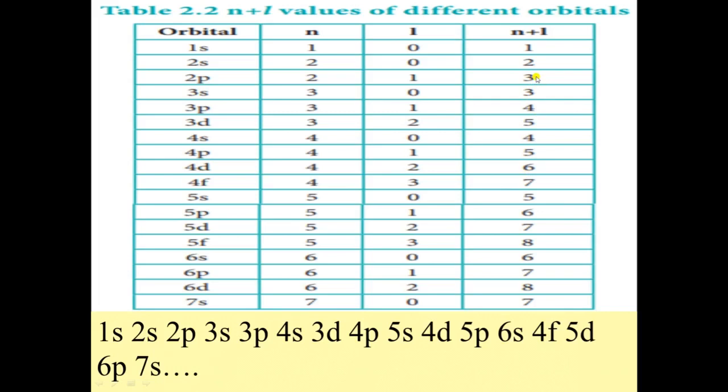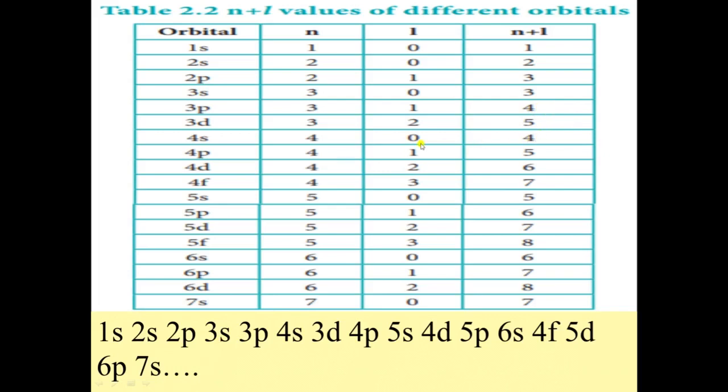So here you will determine the energy of 2p and 3s by the value of n. Lower the value of n, that means it will have less energy. So you can see that the 2p orbital will have less energy, because here the value of n is 2. So 2p will come and after that 3s will come. In the same way, 3p and 4s, these two orbitals have the same n plus l value.